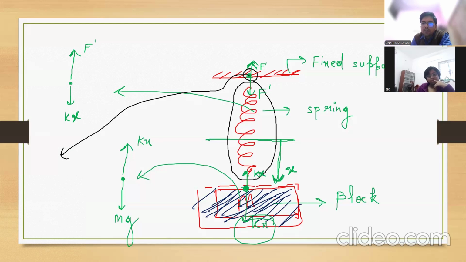For every action there is an equal and opposite reaction, so on the support F dash is down. Is it clear?